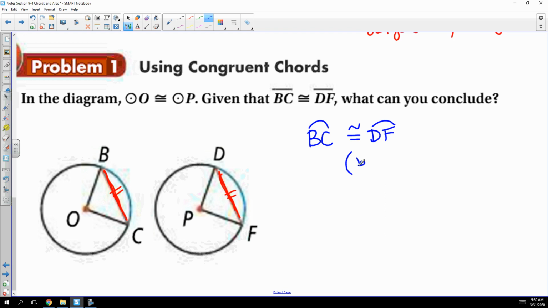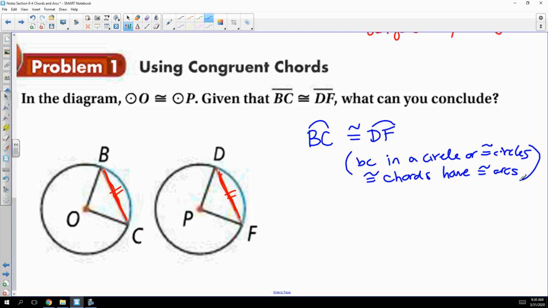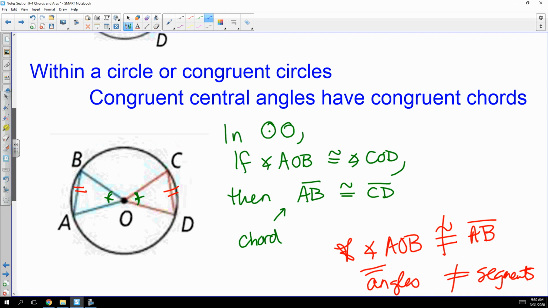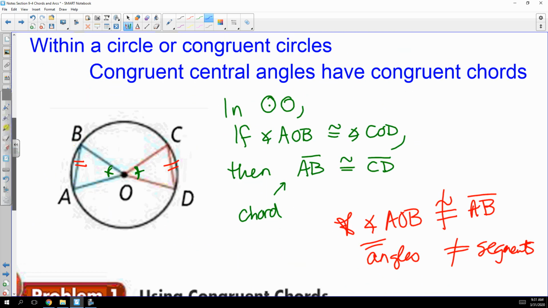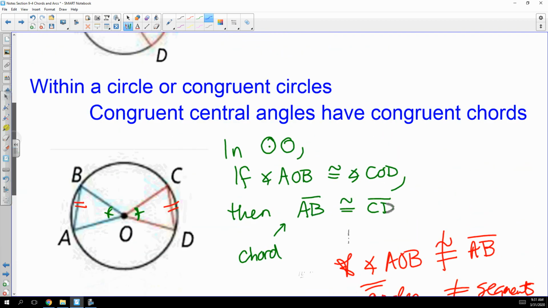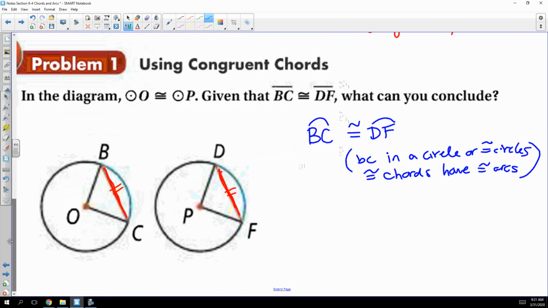That's because in a circle or congruent circles, congruent chords have congruent arcs, right? They cut off congruent arcs. That's really what we mean when we say they have congruent arcs, right? There's another thing that we can conclude also: if we get congruent arcs, then we can also say that we have congruent central angles.